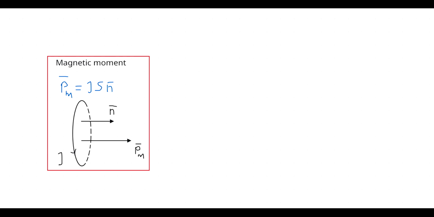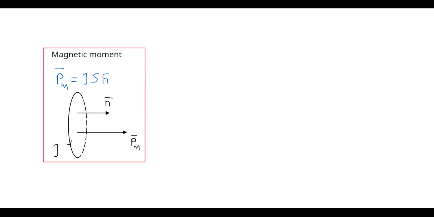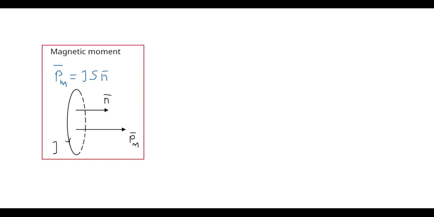How to define this? The main values to define magnetic field are the magnetic induction vector and the magnetic field intensity.